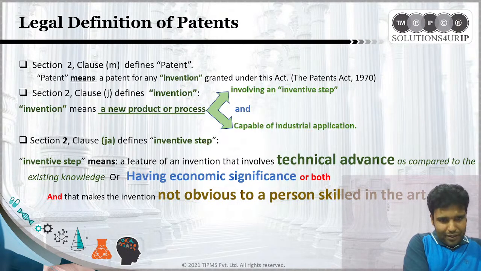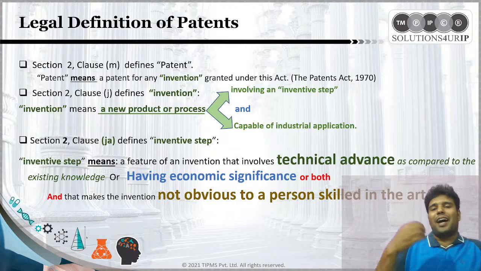For the exam, you should write like this. Patent means. You should always write patent means, not any other form like patent is defined as, or patents are those, or patents are given.